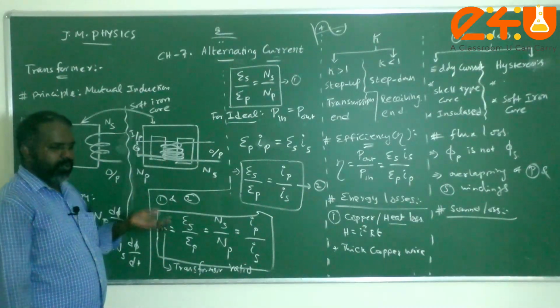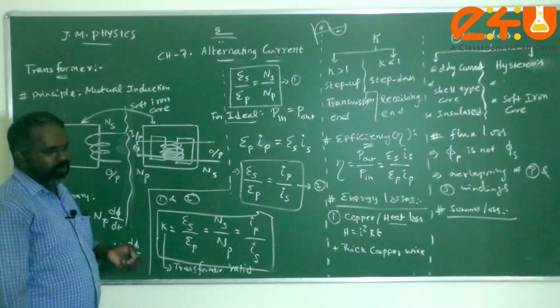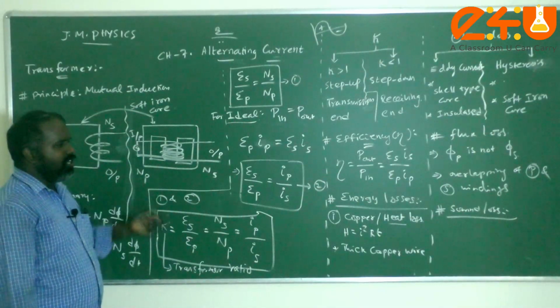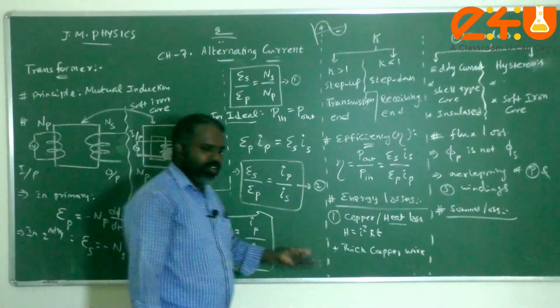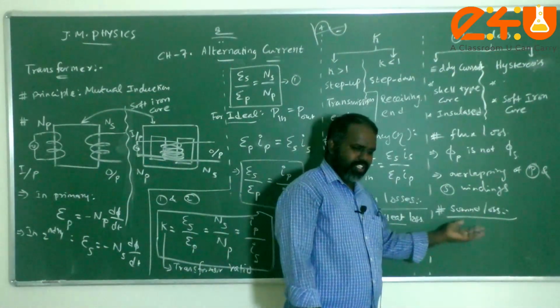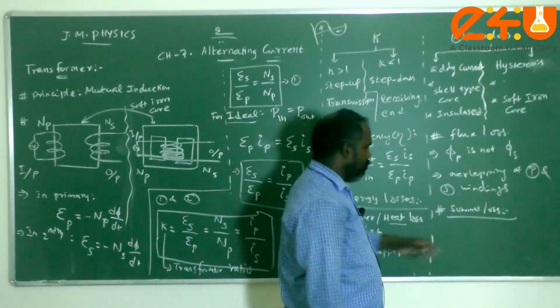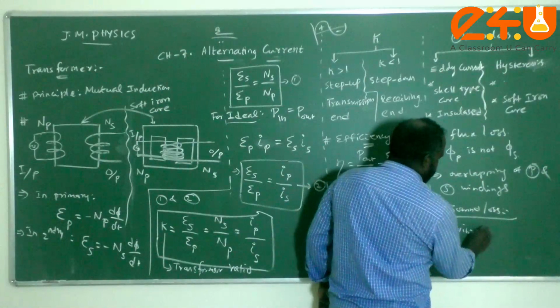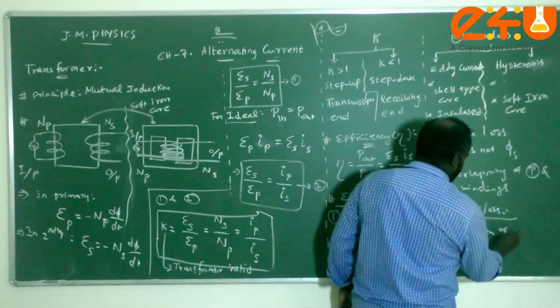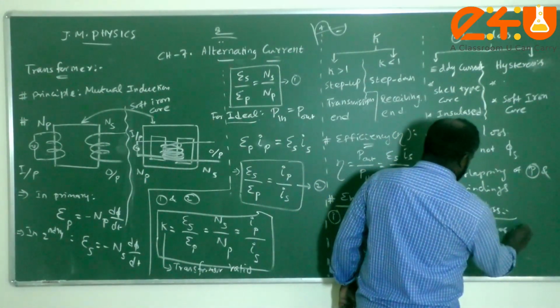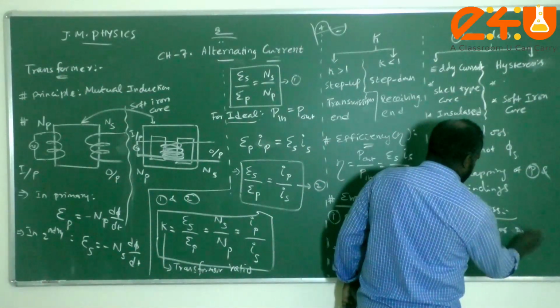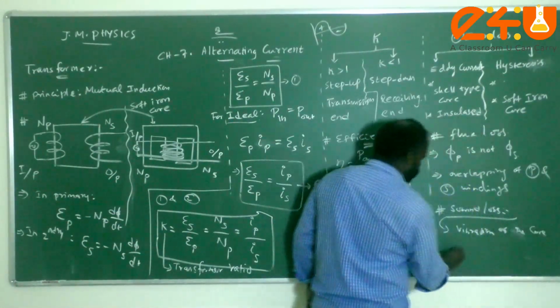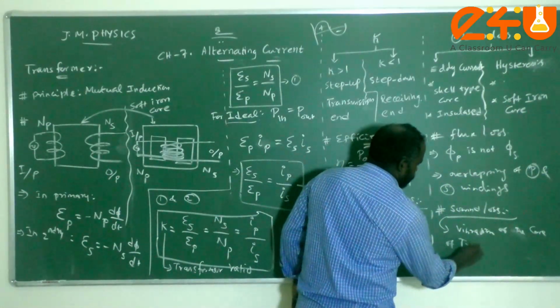The core of the transformer will vibrate. This results in some kind of energy loss, but that value is very negligible. So this energy loss takes place due to the vibration of the core of the transformer.